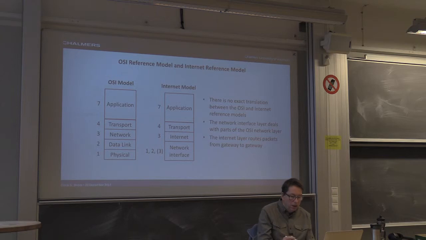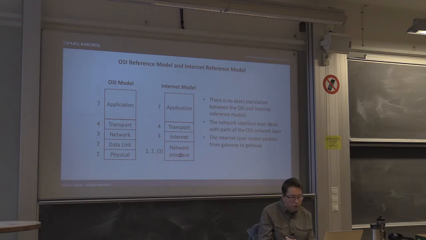So even in the internet model, we call this layer 1, this layer 2, this layer 3, and this layer 4 perhaps. But the numbers are seldom used in the internet model. Basically we give them names instead. Okay. All right, so we have the numbers here of the OSI model, the names of them, and the names of the internet model here. The mapping between the numbers here and here, you should know, but you don't have to.